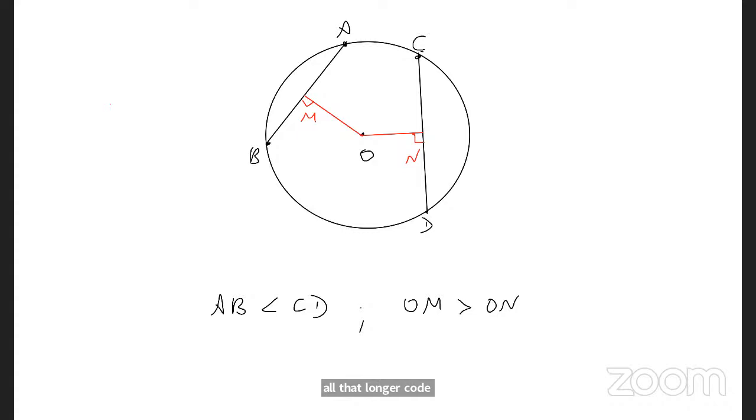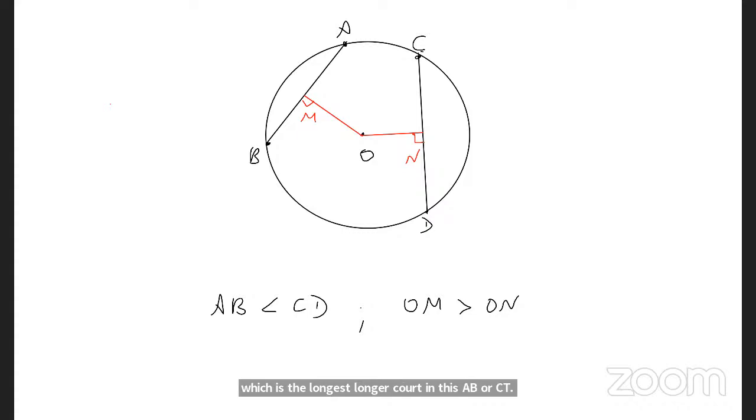Now, what does this exactly mean, and why did we do this activity particularly? These perpendicular lines that we drew in red are showing the distance of both the chords from the center. Which is the longer chord in this, AB or CD?